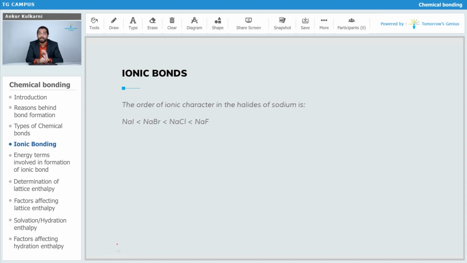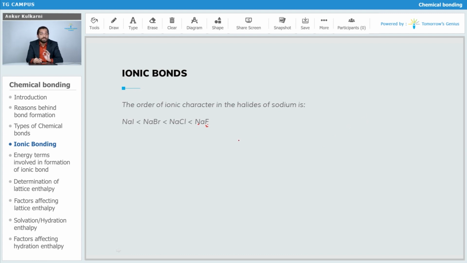Similarly, if we look at the halogens with sodium, the same is the case. Fluorine is extremely electronegative. Hence, the ionic character of sodium and fluorine will be high. So, the bond strength will be high. As you go down the group in group 17, the electronegativity decreases, correct?